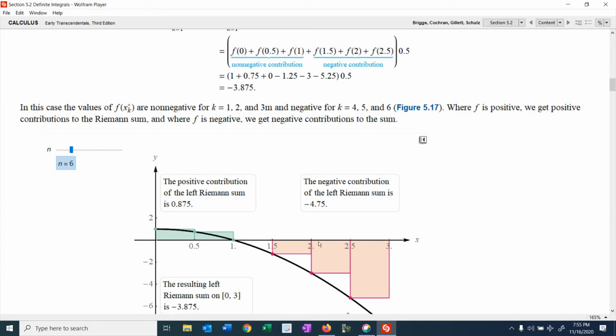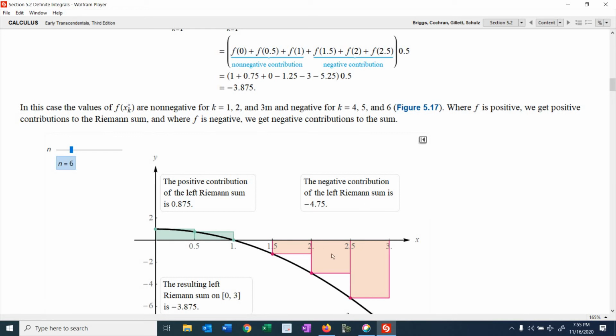For the next subinterval, the left endpoint is 2. When you plug 2 into the function, f of 2 is negative 3, which is this y value here, and you multiply that by the width of 0.5, which they again factored out. For the last subinterval, the left endpoint is 2.5, and f of 2.5 is negative 5.25, times the width of 0.5, which they factored out.